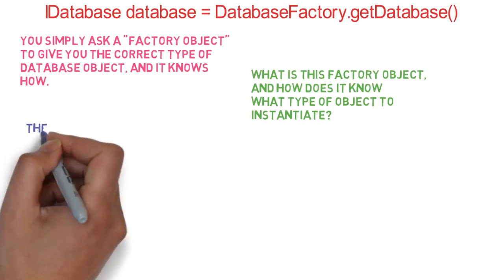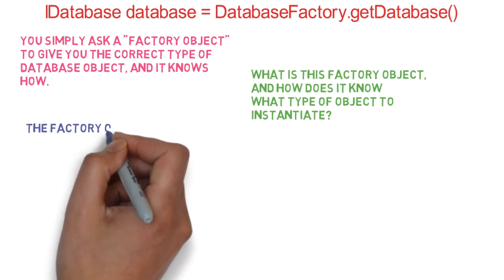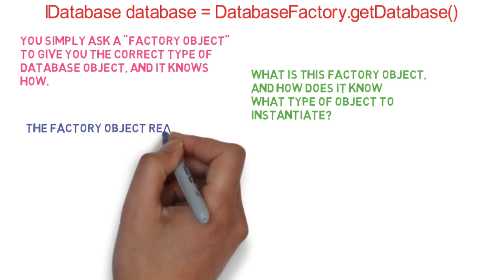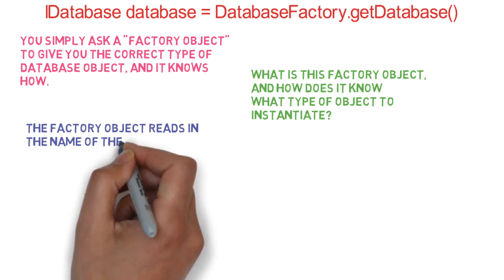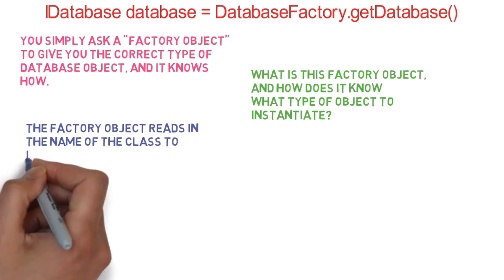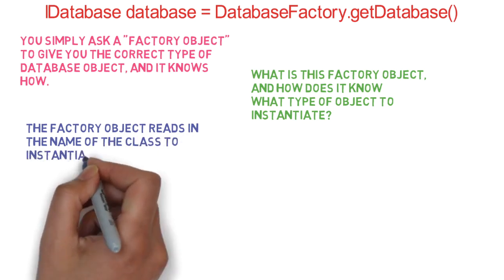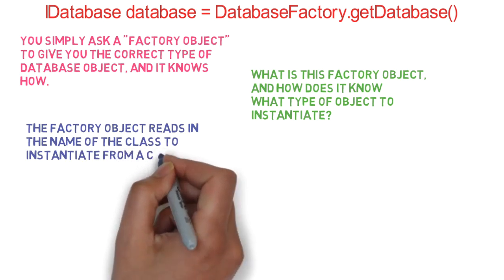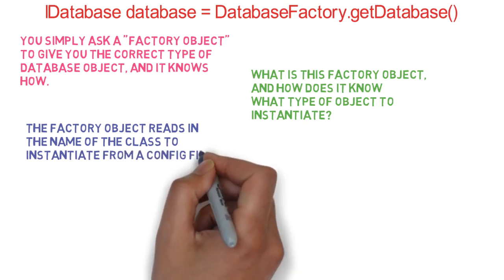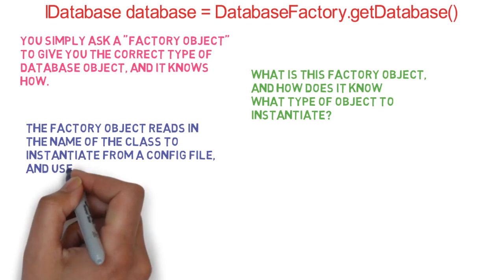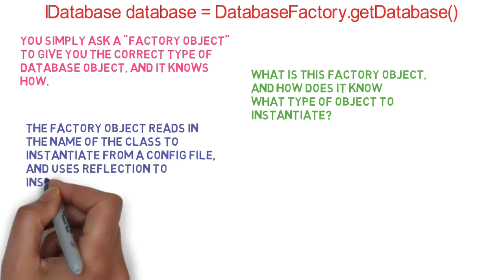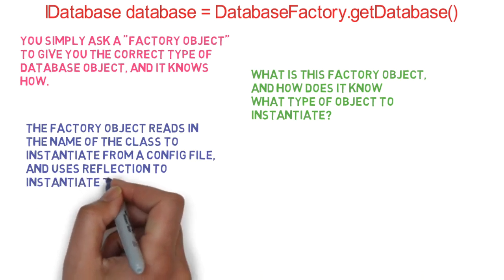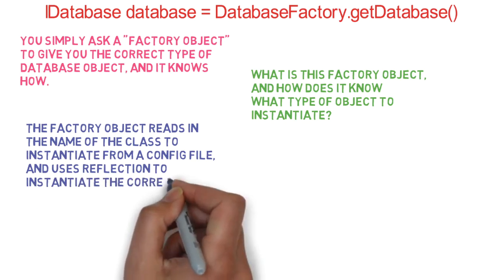Now, typically, what this factory object will do under the covers, unknown to the client code, is read in the name of the class which it has to instantiate from a config file. At any point in time, the factory object knows the right class to instantiate by reading it in from a config file, and then uses reflection to instantiate the correct object.